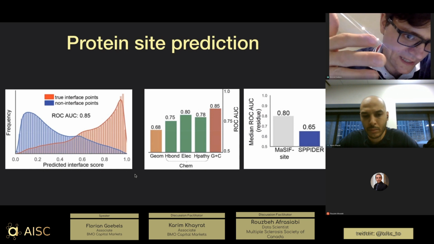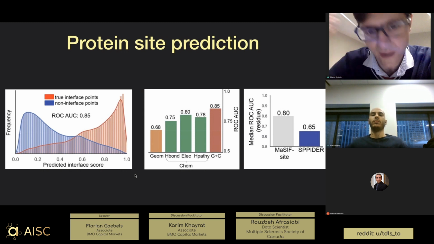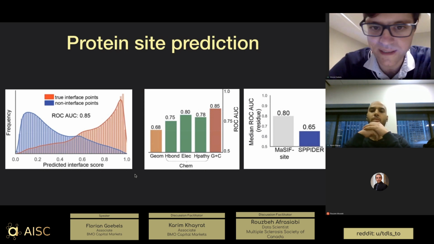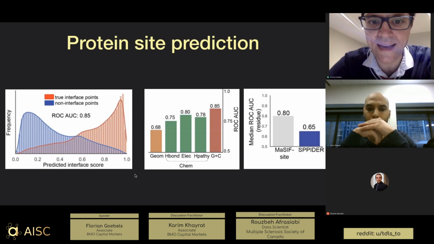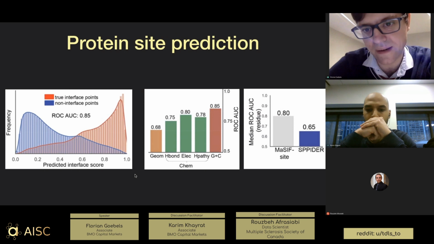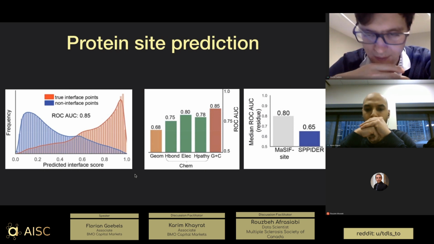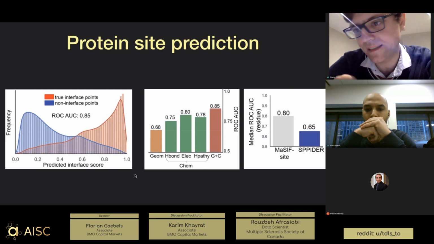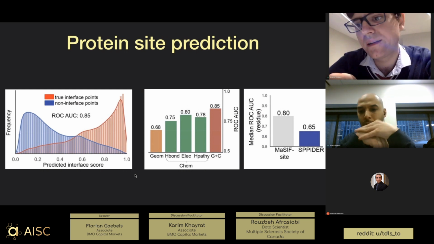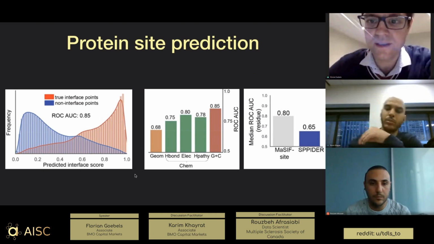And if your score is larger than 0.5 or larger than 0.6, you're considerably more likely to be an actual interacting point. And again, they showed that combining geometric and chemical features together yields better performance than using them separately. And at least they take a state-of-the-art model, Spider, and they beat that performance. They outperform it.